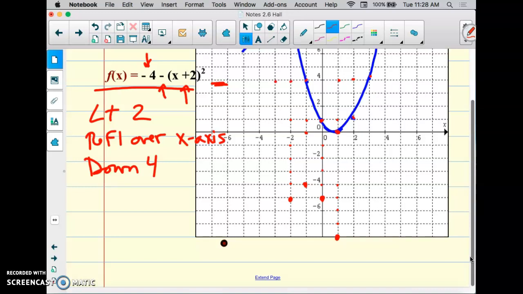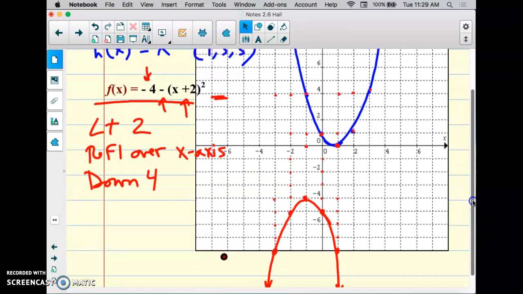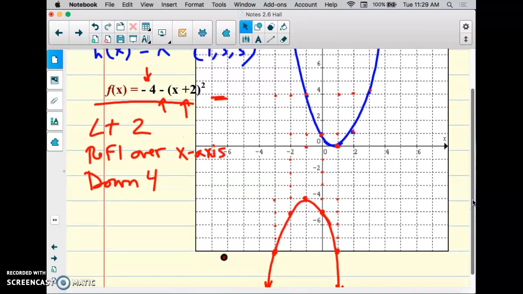Flip over the x-axis, right there, down 4, 1, 2, 3, 4, right there, and here's where the parabola would be. Something like so. That is the equation of f of x equals -4 minus the quantity x plus 2 squared.